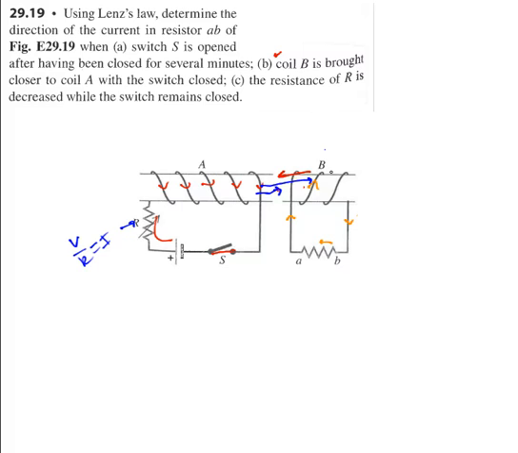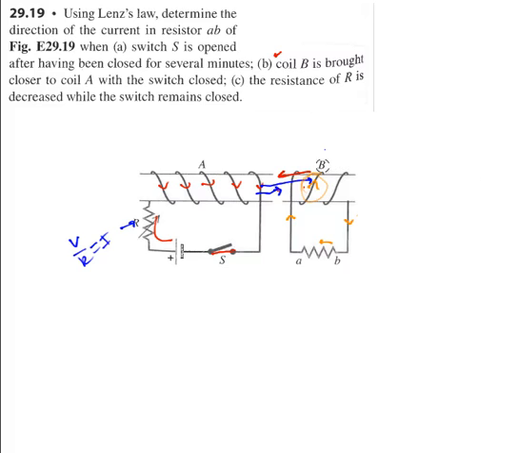And you can check that by putting your thumb in the direction of one of those little arrows for the coil, and then inside the coil, your fingers would be pointing towards the left.